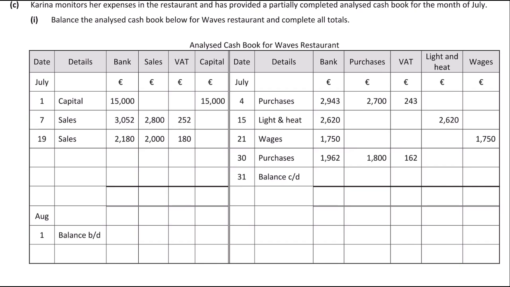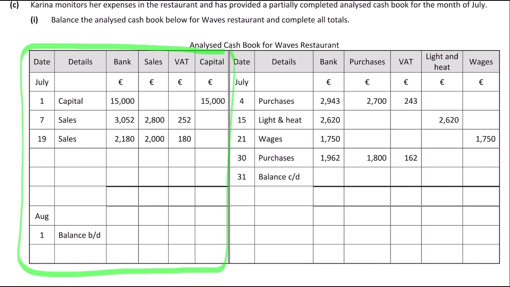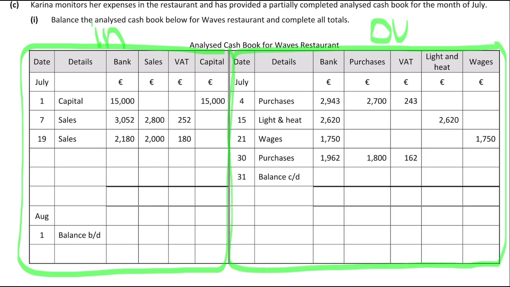So here you can see that this is the analysed cash book for Waves Restaurant. The left hand side, the debit side, is all of the cash in, and the right hand side, the credit side, is all the cash out. On the debit side, you have capital, which is when owners put money into the business.